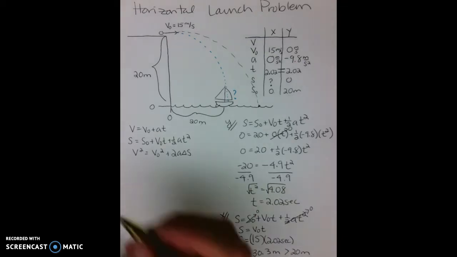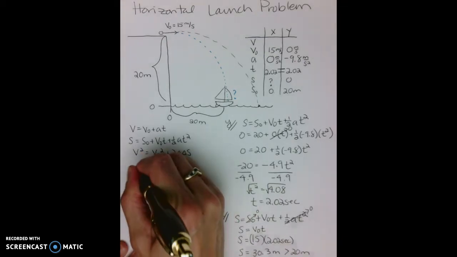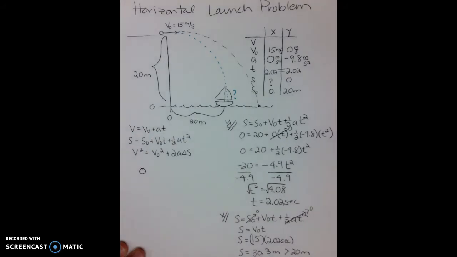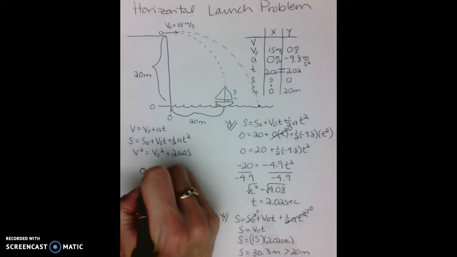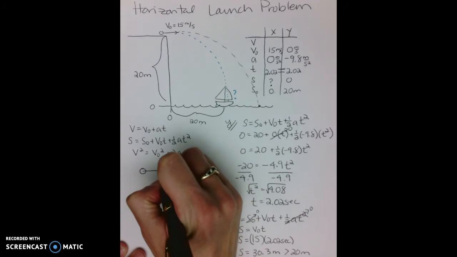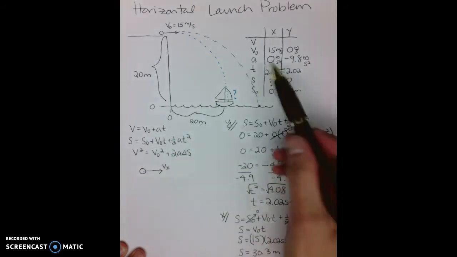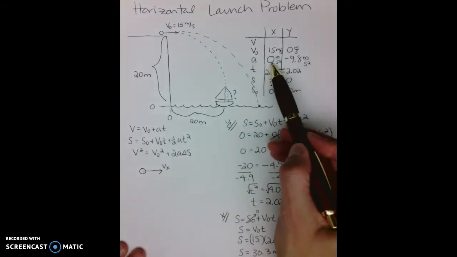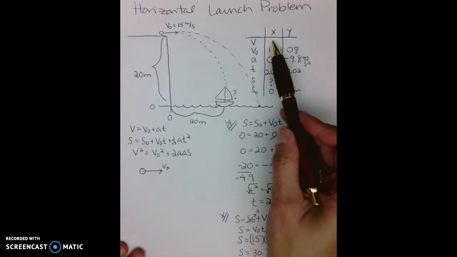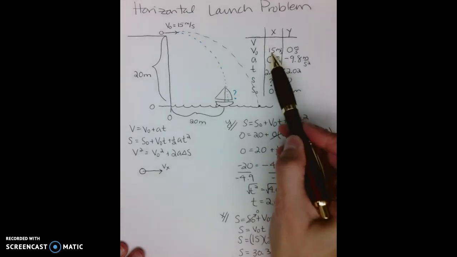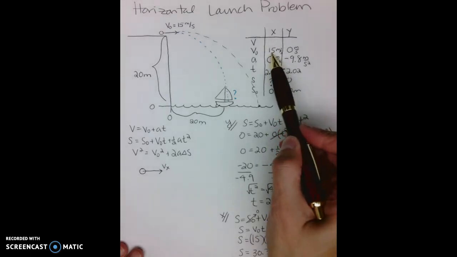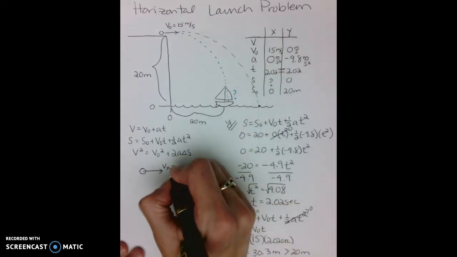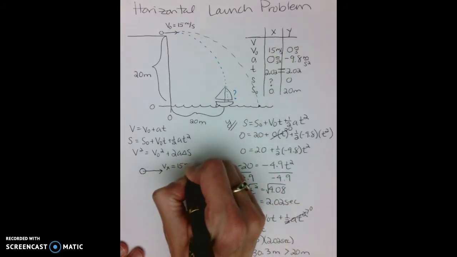So if this is my ball, I know that it has a final x velocity, or vx, and because the acceleration in the x direction is 0, the final velocity in the x direction is the same as the initial velocity in the x direction. So vx in this case is 15 meters per second.